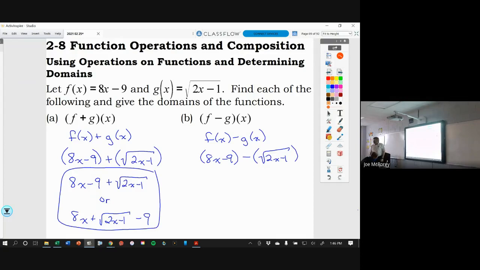I can just drop the parentheses on this one too, and we'll be good to go. So we have 8x minus 9 minus the square root of 2x minus 1. Or if you want to write that constant at the end, 8x minus the square root of 2x minus 1 minus 9.